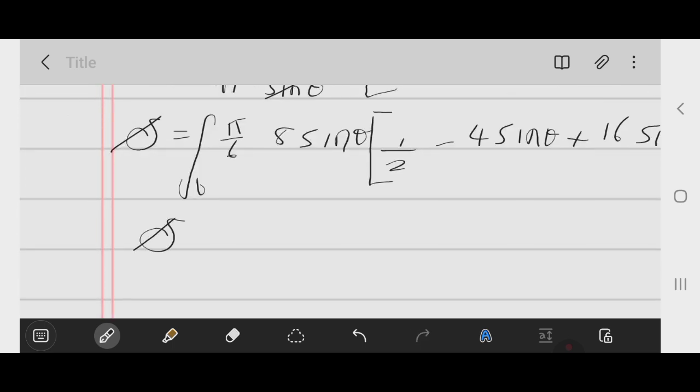Now I'm going to use 8 sine theta right here to multiply this bracket so that each expression inside that bracket will have its own integral.